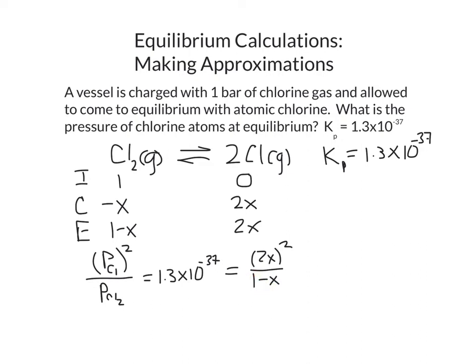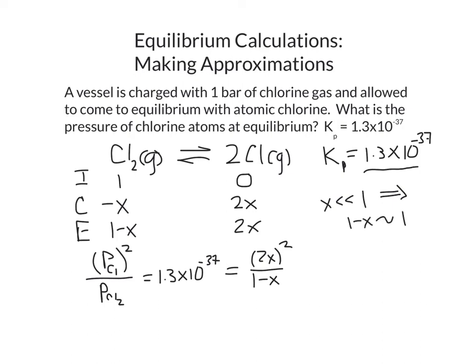And so I can say that X is very, very small compared to 1 because I have this extremely small equilibrium constant. So if X is very, very small compared to 1, then I can approximate 1 minus X as approximately just equal to 1.